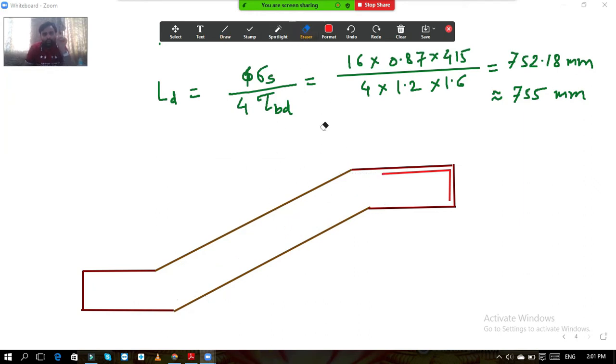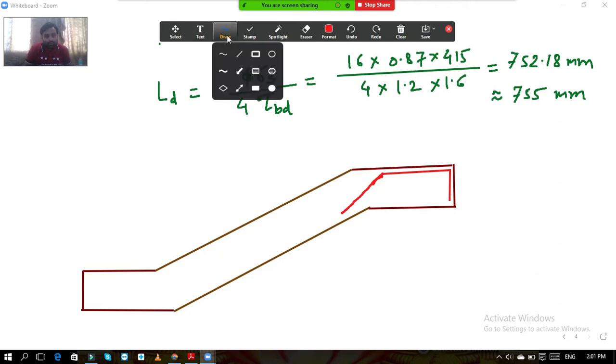Okay. So I need to draw it by free hand. From this point now, there is a bent up like this up to this point here. Okay. And from here onwards, it will move straight.